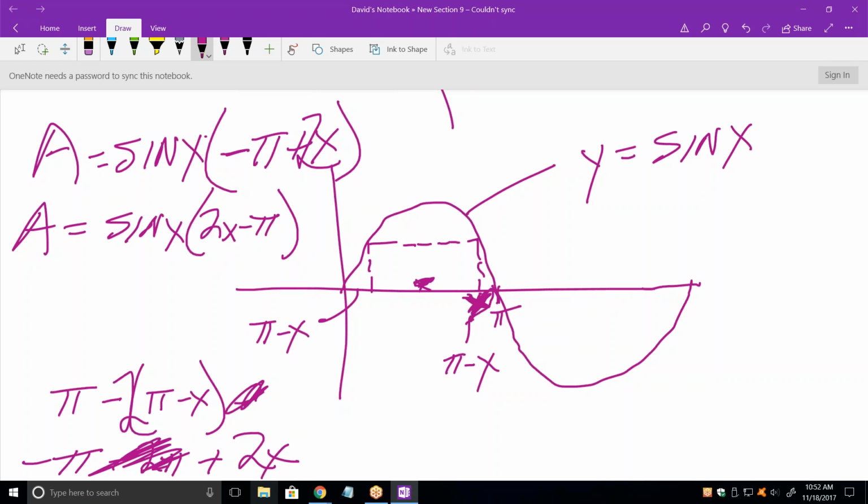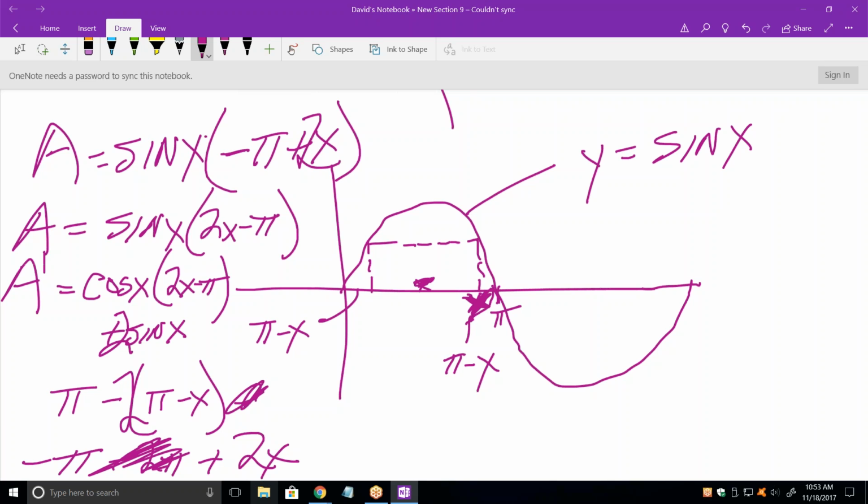Now I'm going to have to use what to take the derivative of that? Let's go ahead and do it. Product rule. So it's going to be cosine of x times 2x minus pi plus sine of x times 2. Now, let's see. We want to see where that's equal to 0.